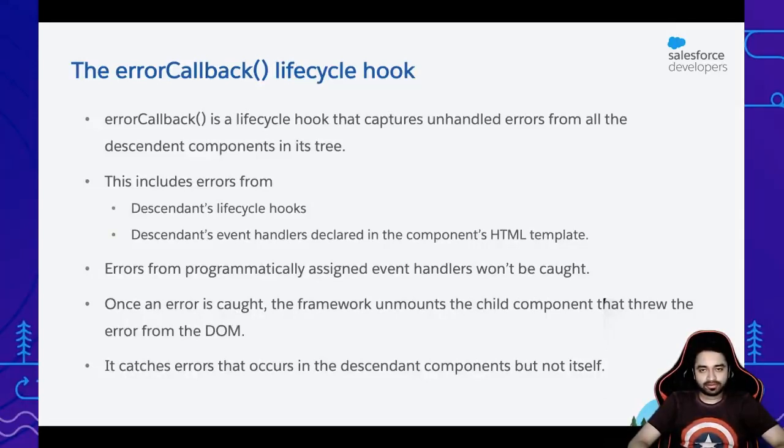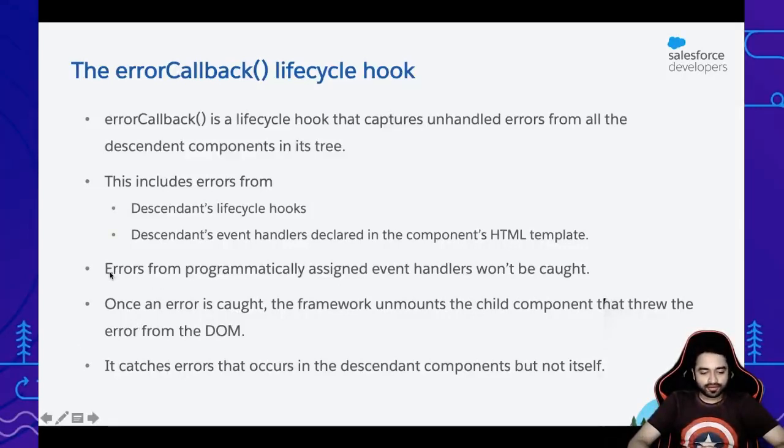The primary purpose of this is to catch all the unhandled errors from the child components. It's going to include errors from the descendants' lifecycle hooks. So basically any error, synchronous or asynchronous, that occurs in a child component, the error callback lifecycle hook on the parent can catch all of these different errors.